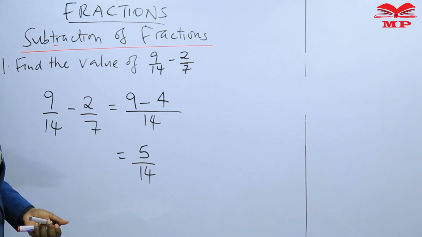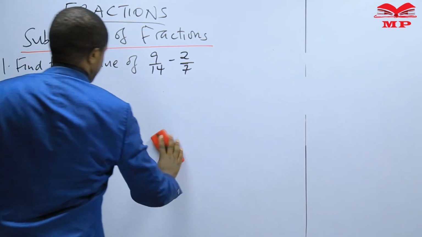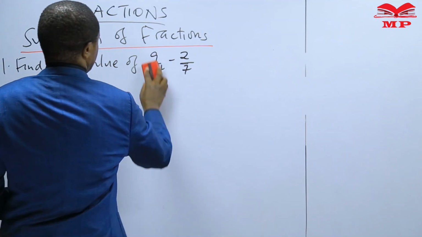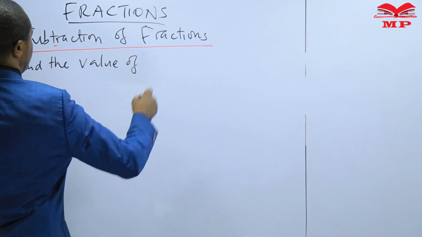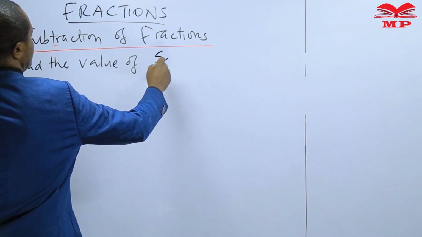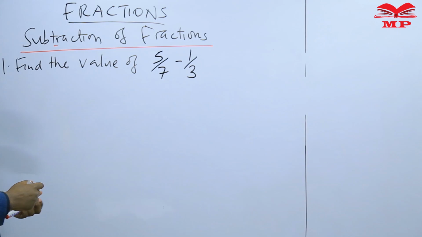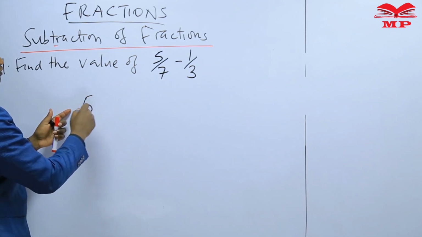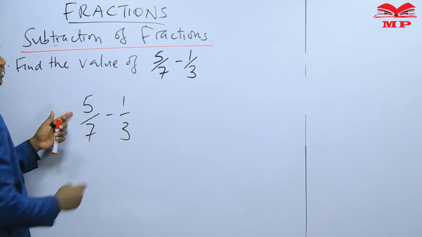Then example 2, the second example will be find the value of 5 over 7 minus 1 over 3.